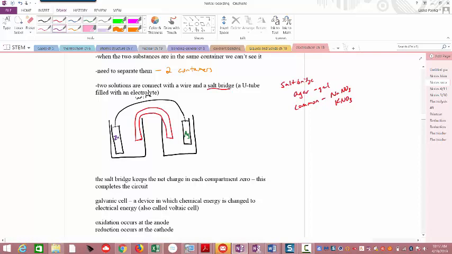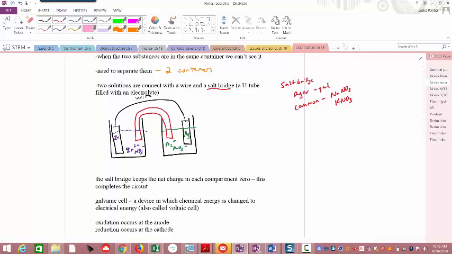There's going to be a solution in here with zinc ions and then a counter ion, quite commonly nitrate, again because of the always soluble. My liquid level would have to be above my salt bridge, or else my salt bridge is not going to be able to complete my circuit and balance my charges. And then over here I would have silver ions and a counter ion.